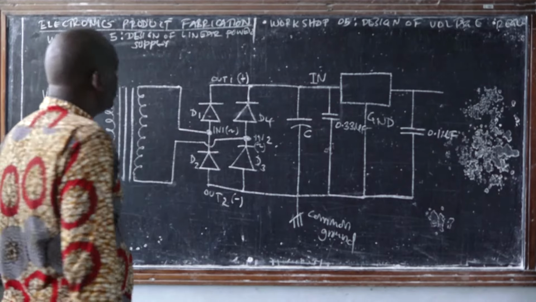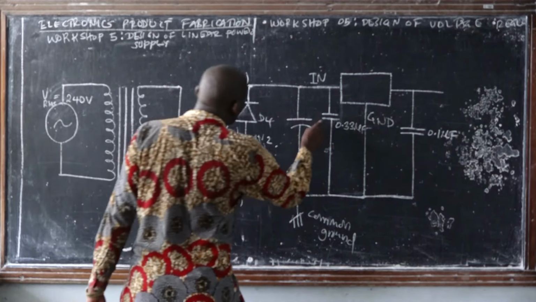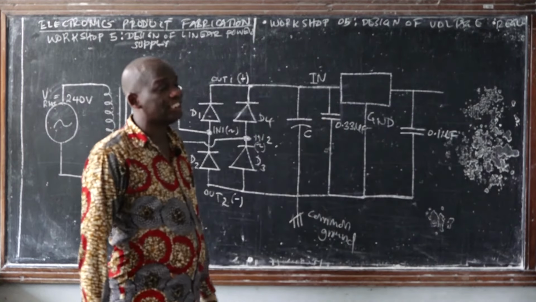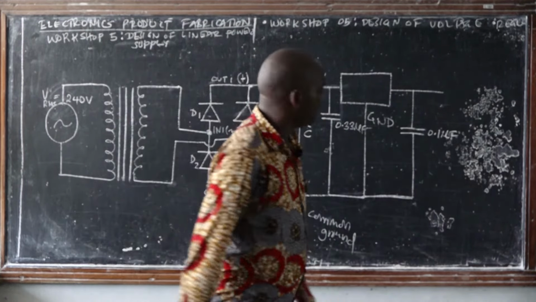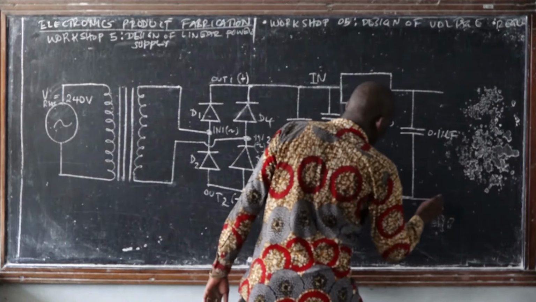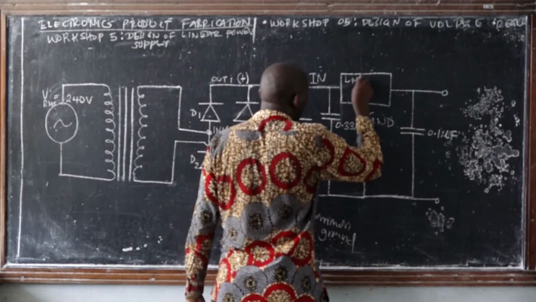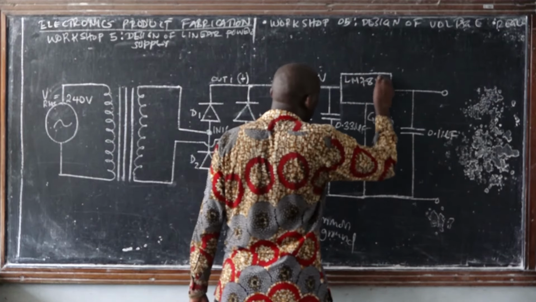Okay, so we say that in order for us to have a visible signal that our linear power supply is working, these are the two terminals where we are going. So here we have, for this case, LM78XX.